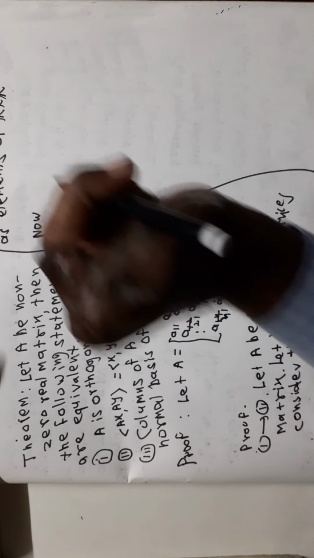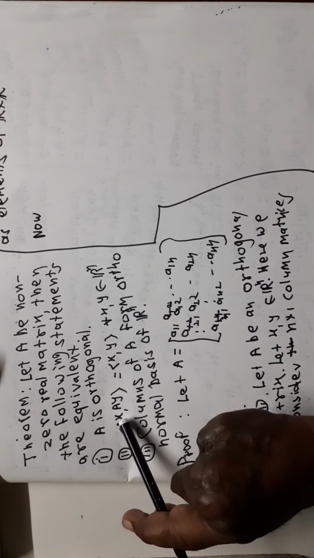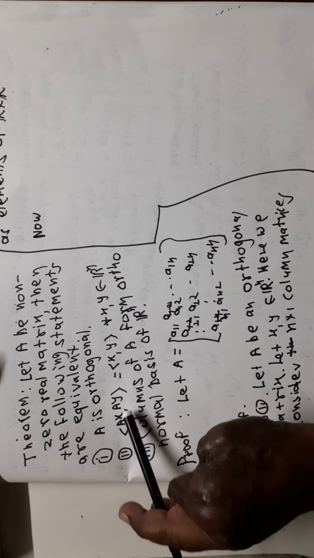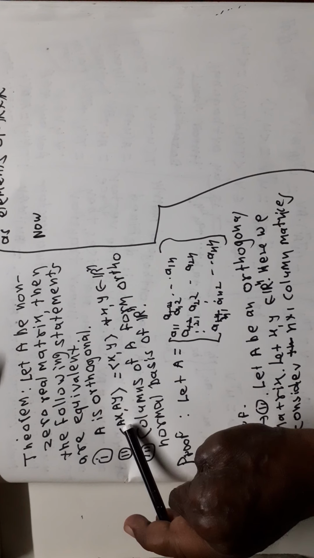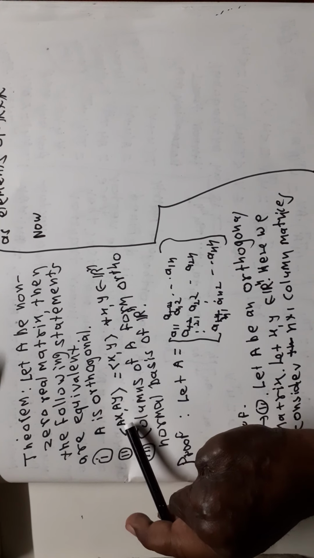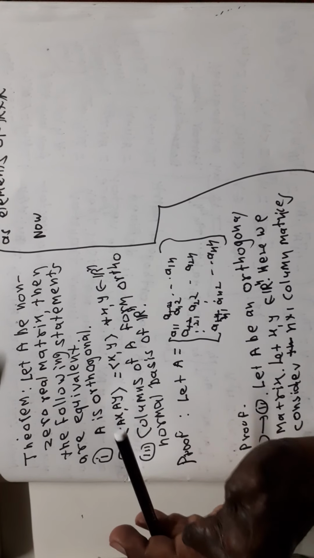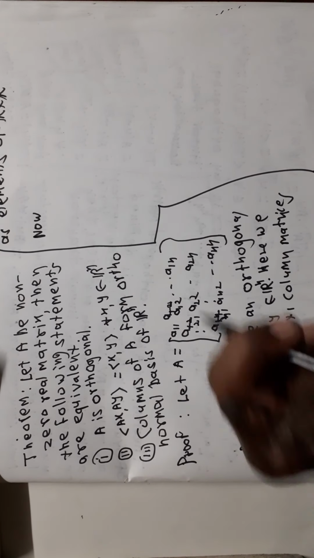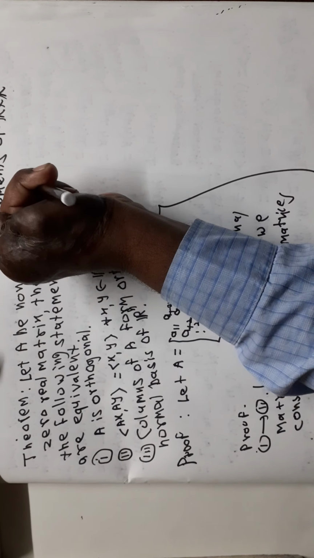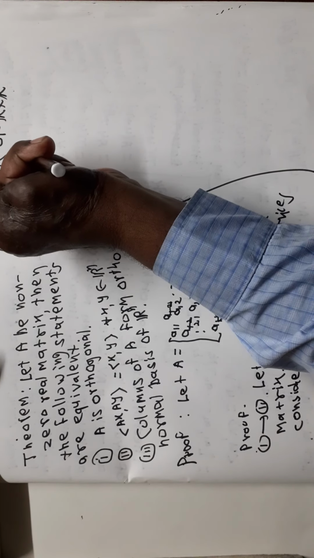Here x is a column vector of order n by 1, and A is an n by n matrix. Therefore the order of Ax is n by 1, since A is n by n and x is n by 1.